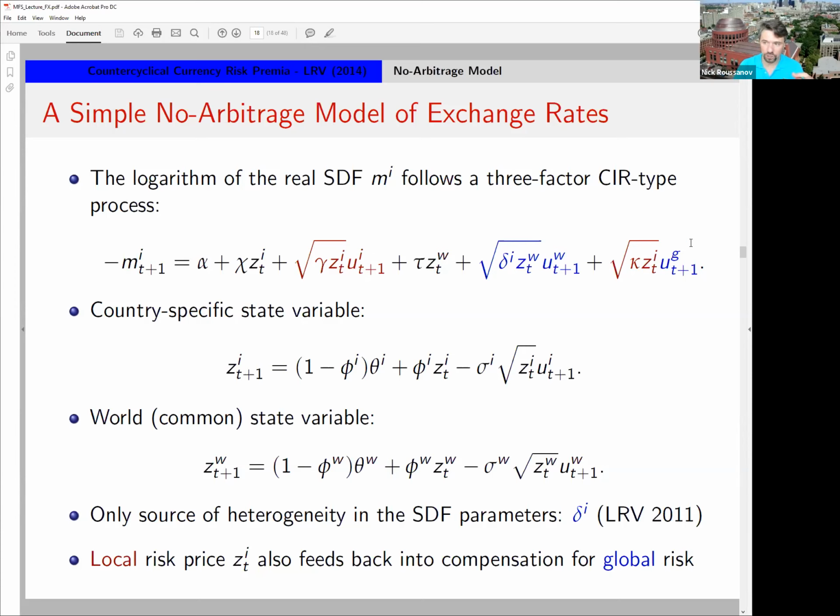So even though the shock is common, the exposure to this shock varies country by country from period to period. And so these two state variables capture the variation in the exposure of countries to this global shock over time individually.